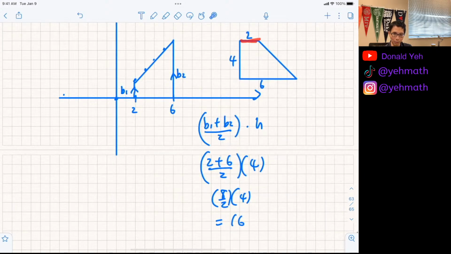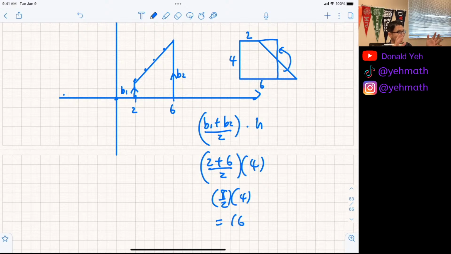What happens when you average? You take this 2 and this 6, and the midpoint is going to create something right here. Do you see that? That becomes a rectangle, or square actually. So this part is going to fill into here. But a square is part of rectangle, so it's just base times height, just 4 times 4.